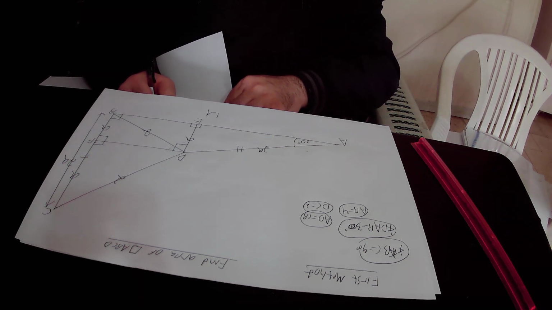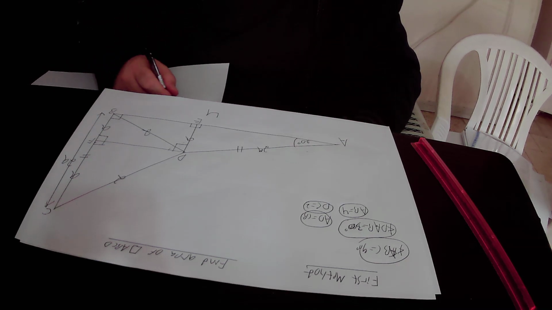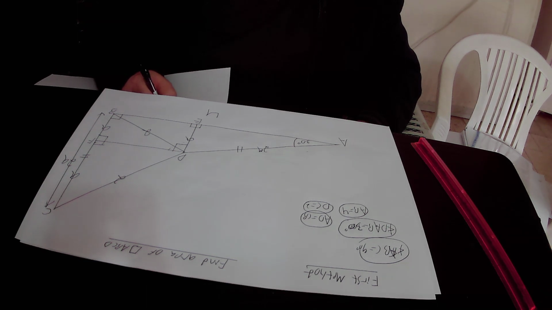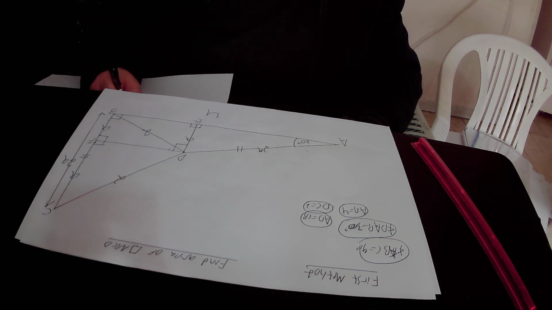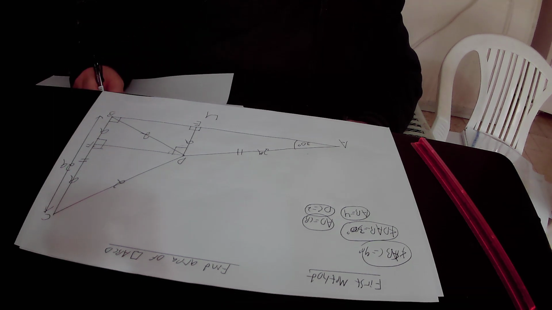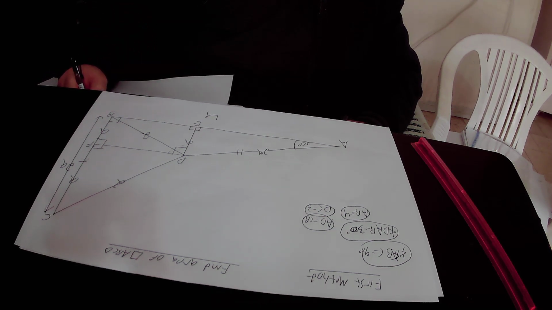we will get that cosine 30 degrees equals (2A) squared plus 4 squared minus 2 squared over 2 times 2A times 4.